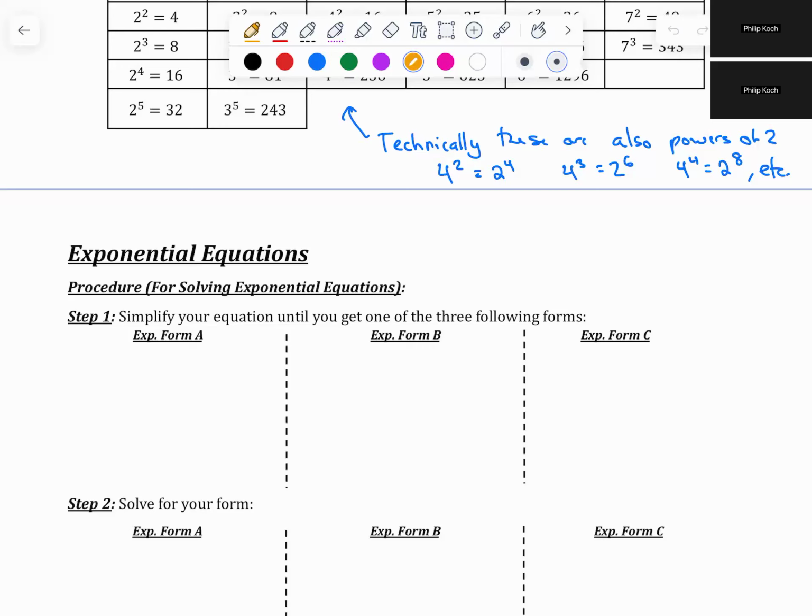You're going to keep working through an exponential equation. Step one is going to be simplify your equation until you get one of the three forms. Form A, which I'm going to highlight in red, is you get b to the something, b to the blue box, equals b to the something else. So they have a common base.